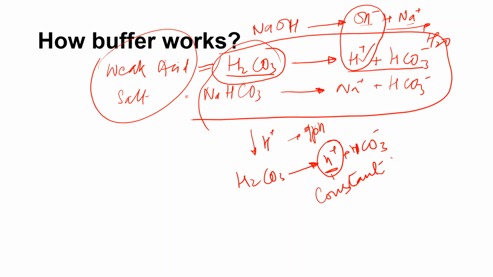I hope you understand this situation, how the weak acid will resist any change in the hydroxyl ion as well as hydrogen ion. The ultimate outcome, the final concentration of the hydrogen ion, will remain the same. It will not change.